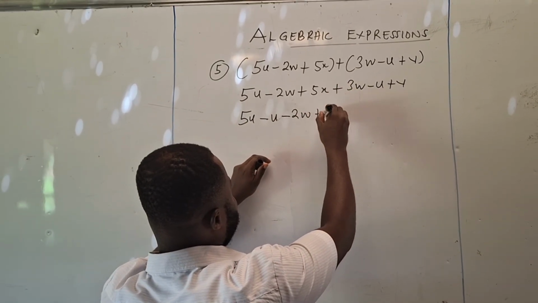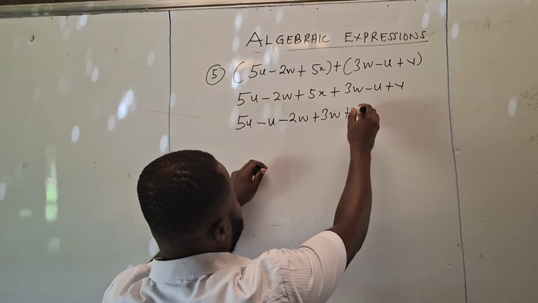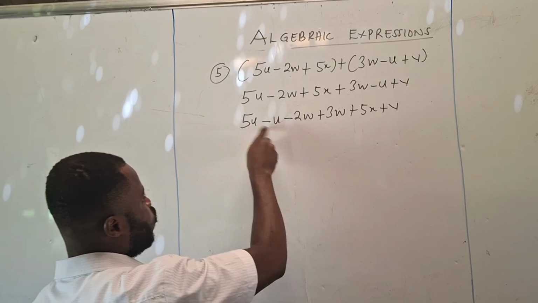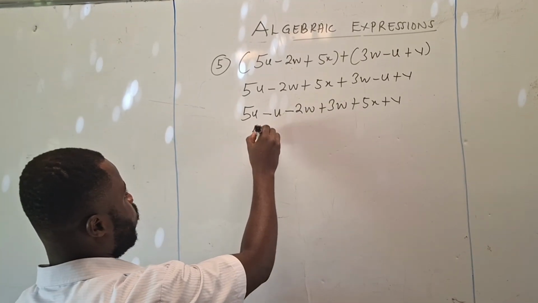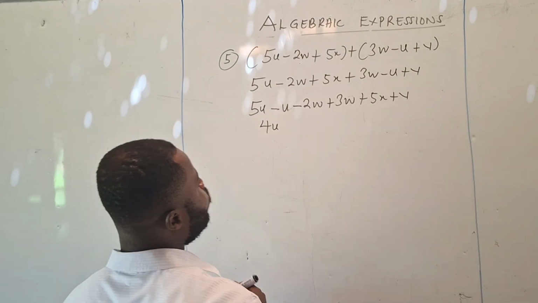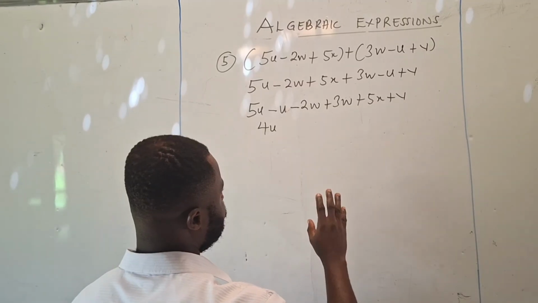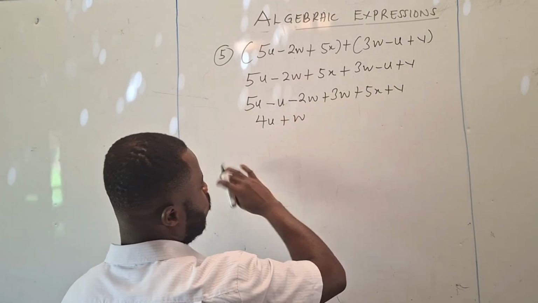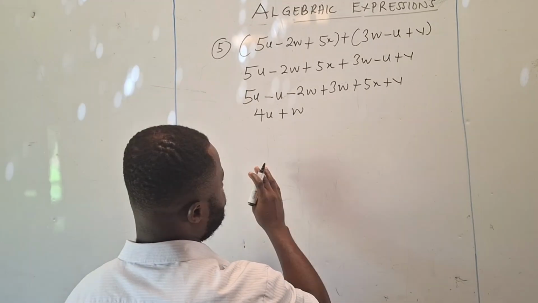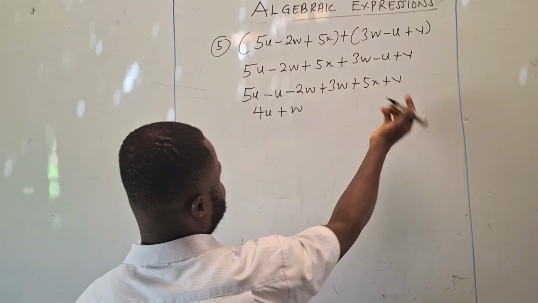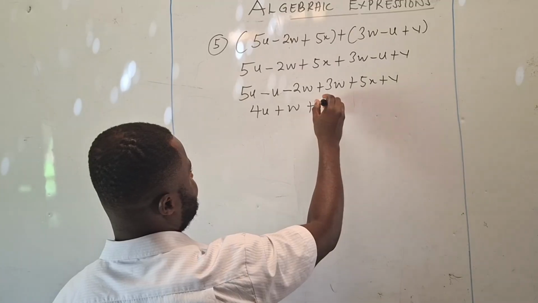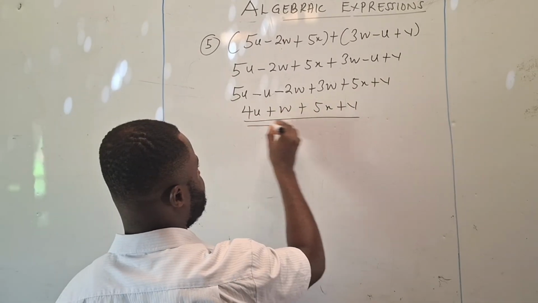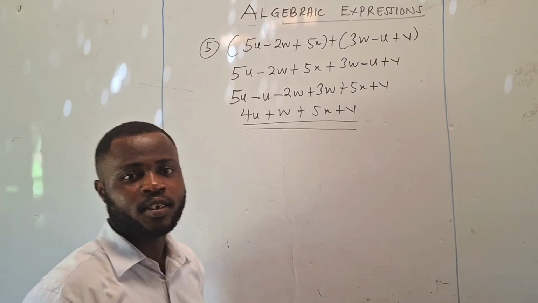Then negative 2w plus 3w. You are owing 2 and you pay 3, so it will be positive 1w, or write it as w. Now, these are not like terms, so we can't add them. So we have plus 5x plus v. So this is going to be the answer to this.